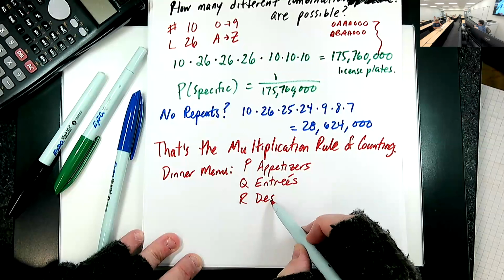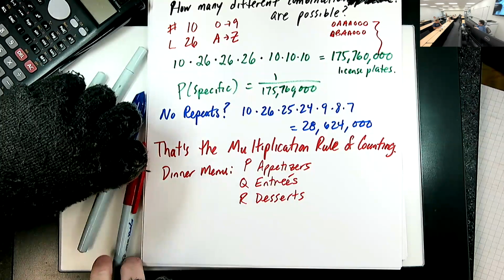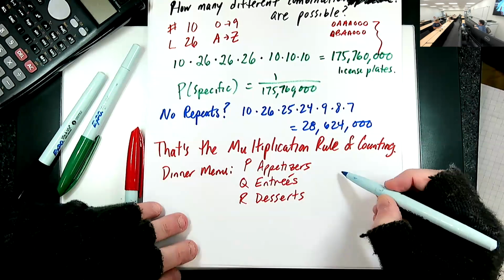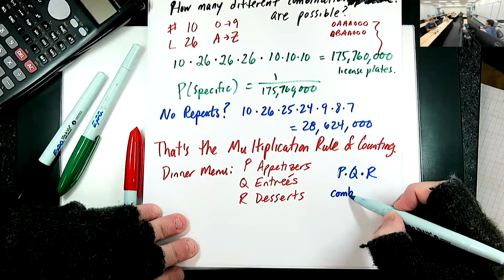And it's not the same without dessert. And if we do the number of combinations, we have P times Q times R combinations.